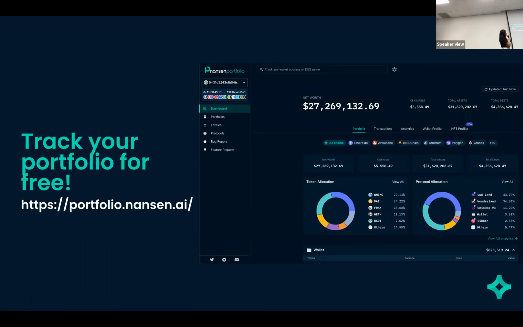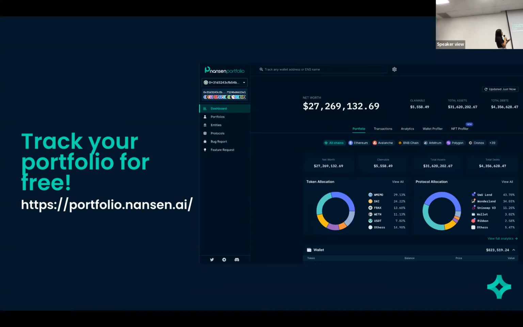So you can see this wallet is Sifu's wallet, if anyone knows who that is. Most of his holdings are in Wonderland, WMEMO, which is his own project. And portfolio is free for all.